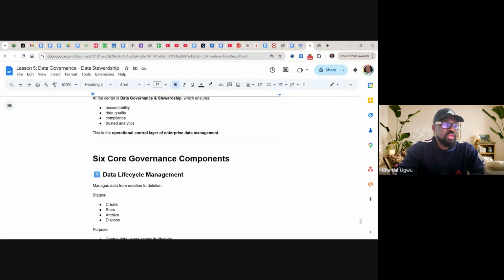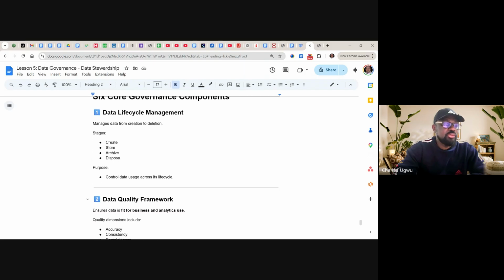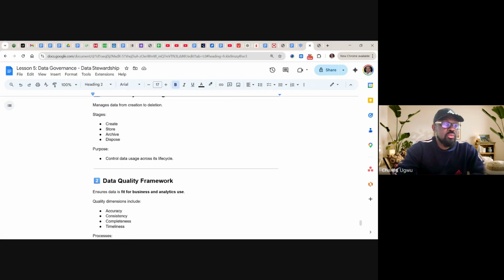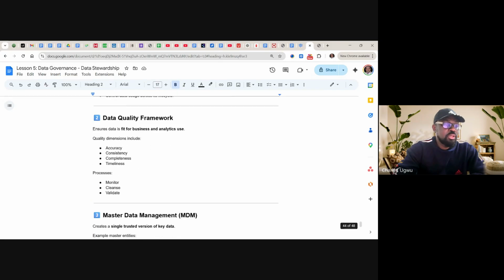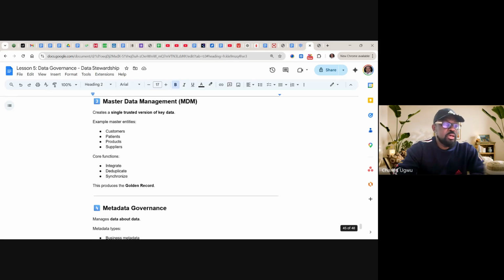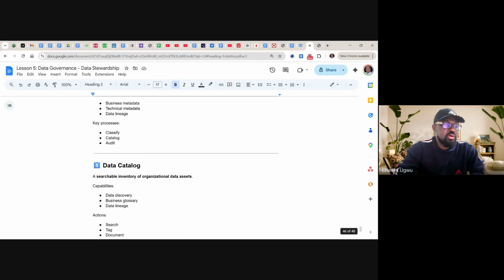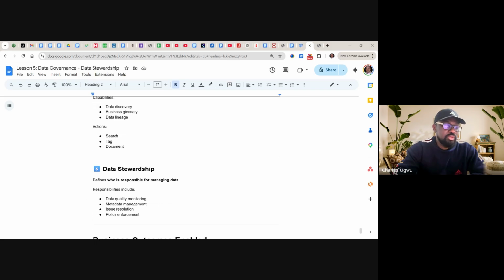Six core governance areas: data lifecycle, data quality framework, master data management, metadata governance, data catalog, and data stewardship.